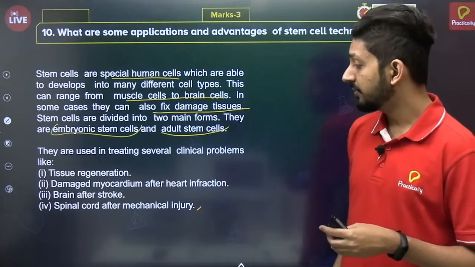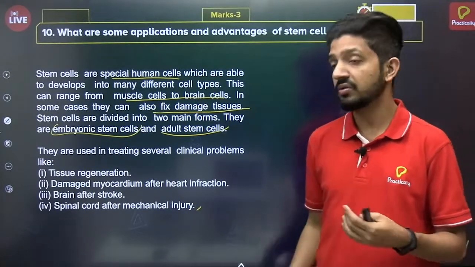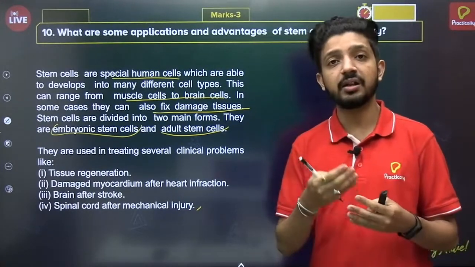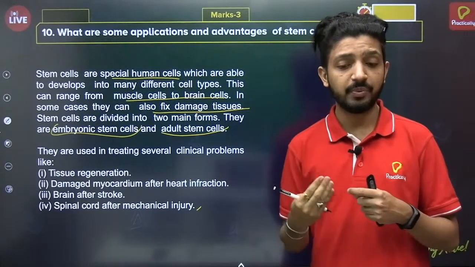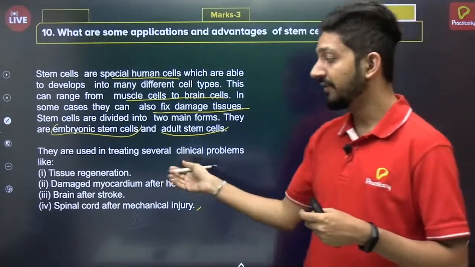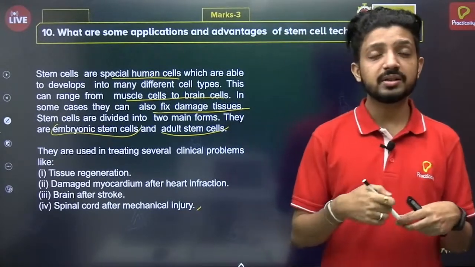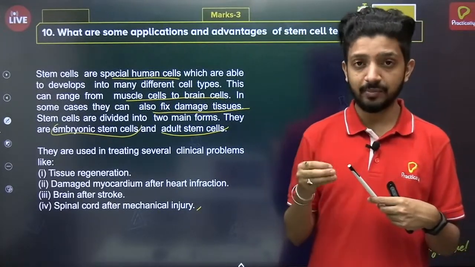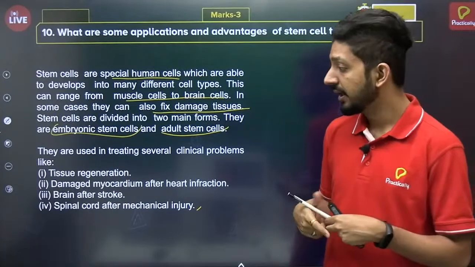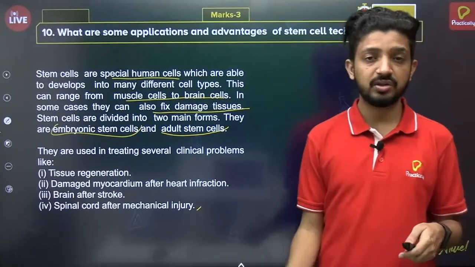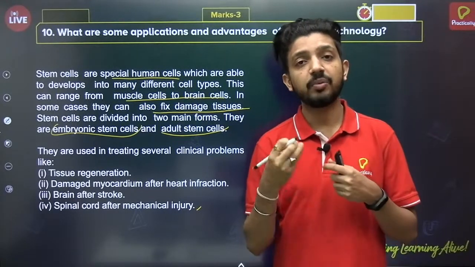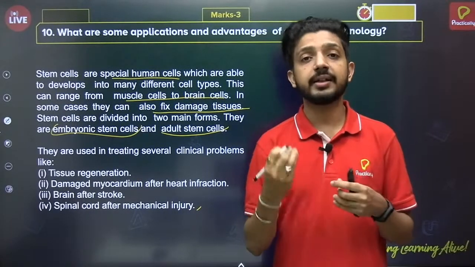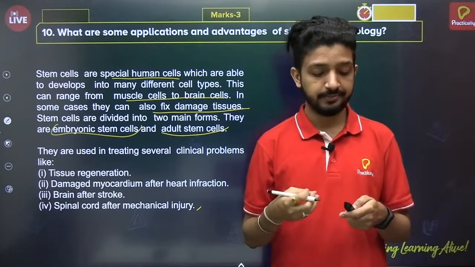Damaged myocardium after heart infarction: myocardium is the layer of the heart, so that damaged part can be regenerated with the help of stem cells. Brain after a stroke: during stroke, some of the brain cells or parts get damaged, that can also be recovered. And spinal cord after mechanical injury: if there is mechanical injury in the spinal cord, it can get bent or broken at some part, so there it can be regenerated using these stem cells.